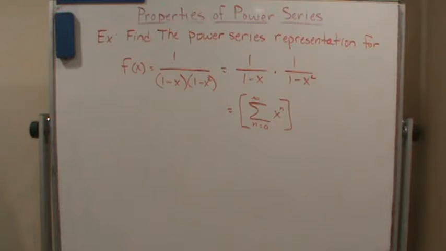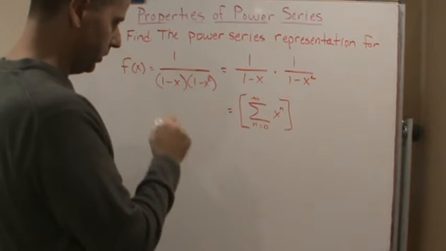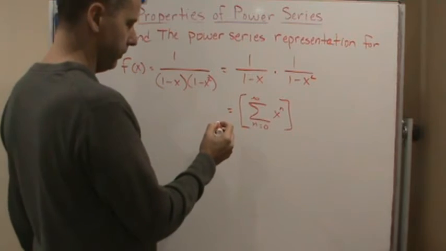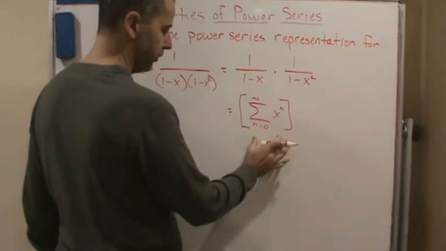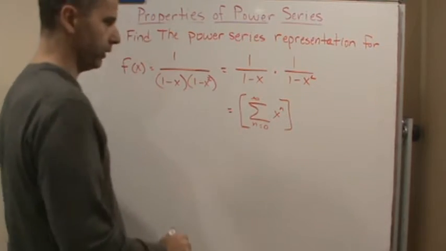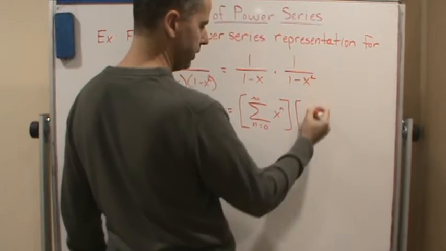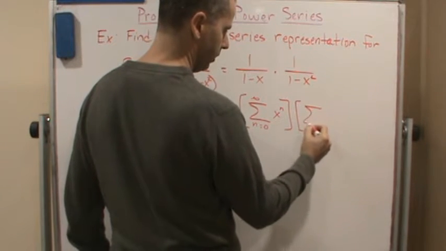And this has an interval of convergence. So we know that this has an interval of convergence from -1 to +1. Okay? Now this one here, the power series representation for this one is going to be what?